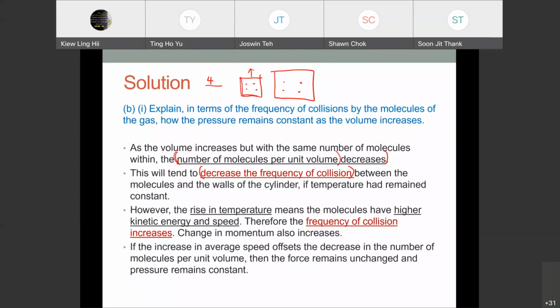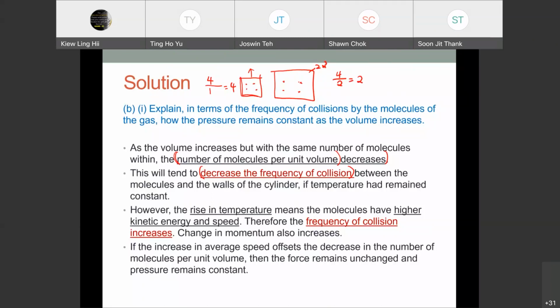Divide by 1 meter cube, we get 4. The number of molecules per unit volume is equal to 4. And when we increase the volume to 2 meter cube with the same amount of particles, divide by 2, our number of molecules per unit volume is equal to 2, isn't it?